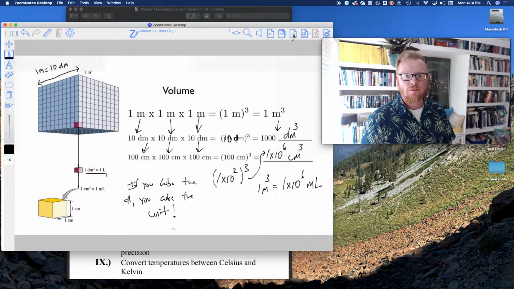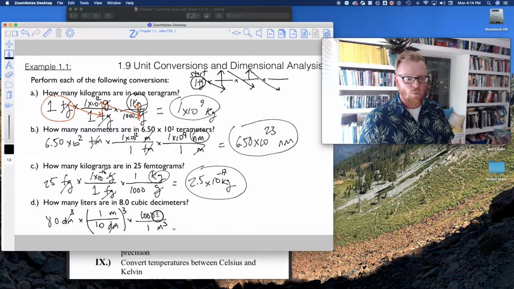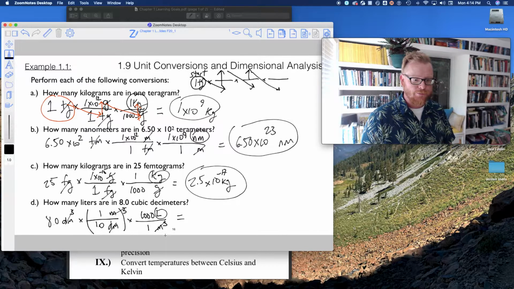So let's keep going with that. So 1 cubic meter was 1,000 liters. So now my cubic meter and my cubic meter is canceled, and I'm left with liters, and I can calculate all the way through.